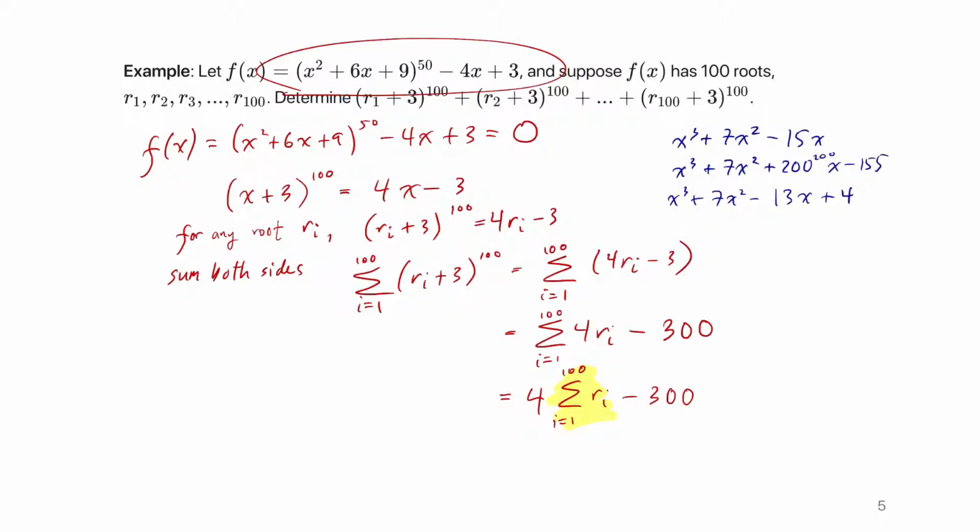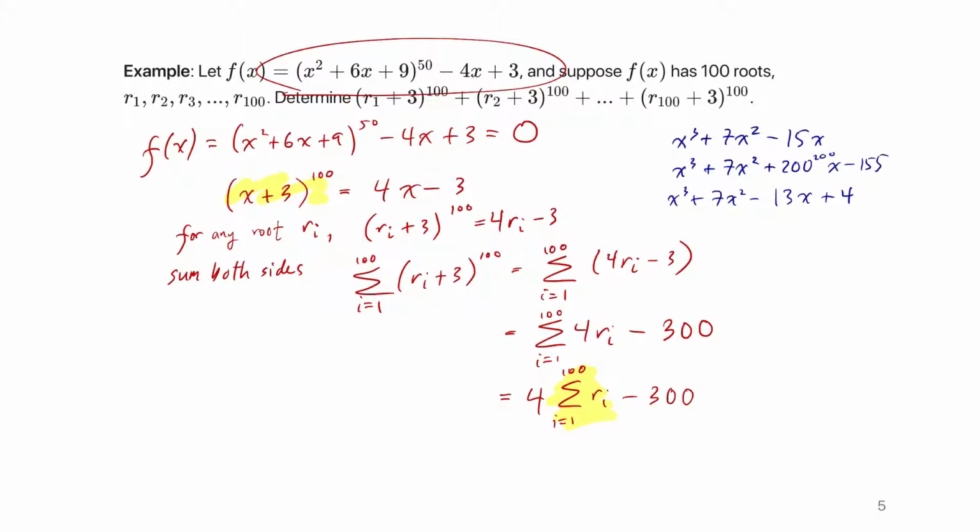But the roots of that expression happen to be the same as the roots of this expression, because the only thing that impacts the coefficient on x^99 are other terms of degree 99, right? Like adding this minus 4x plus 3 will not change the sum of the roots.